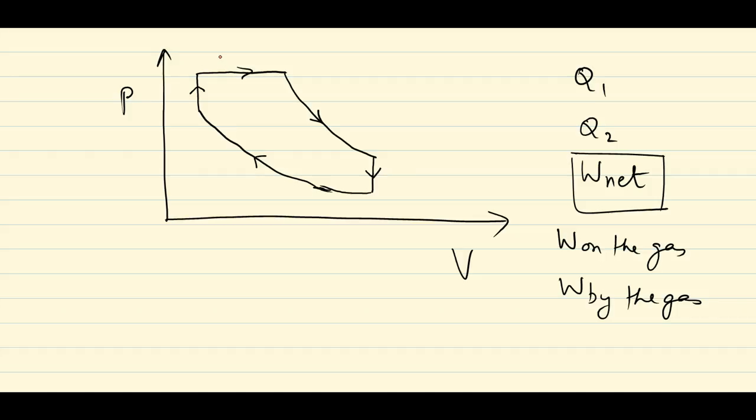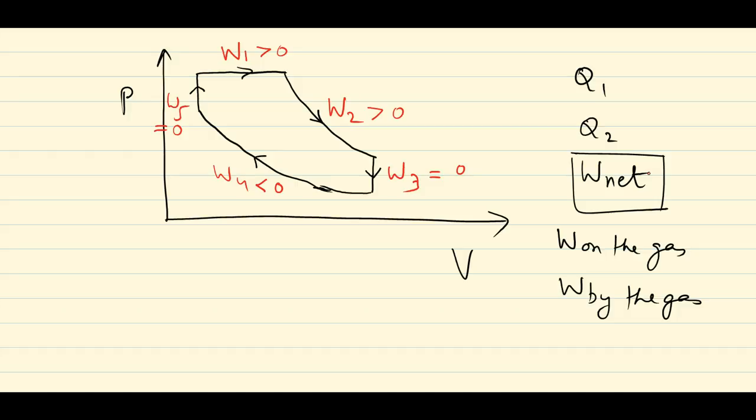Another way of saying this is, if the work done by the gas on the surroundings is W1 in this part of the cycle, W2 here, W3 here, W4 here, and W5 here, then W3 is equal to 0, W5 is equal to 0. Remember, W I have defined as the work done by the gas on the surroundings, so W1 is positive, W2 is positive, and W4 is negative.